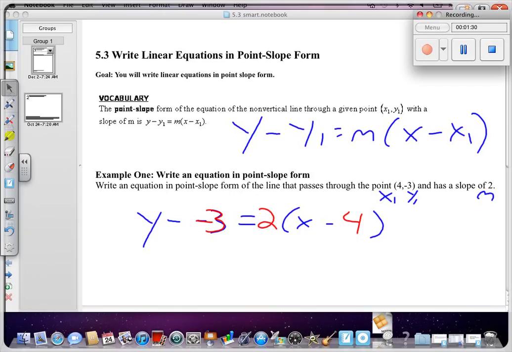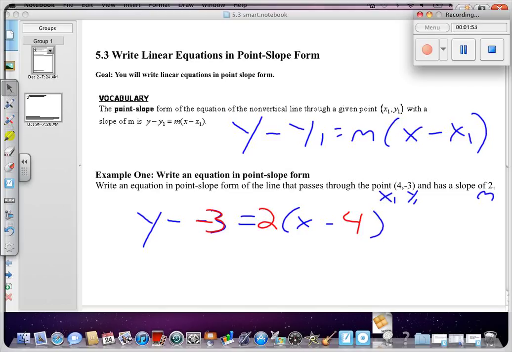Okay? So I'm going to write right here on the whiteboard the things that we know. We know y equals mx plus b is slope-intercept. We know m is the slope and b is the y-intercept.